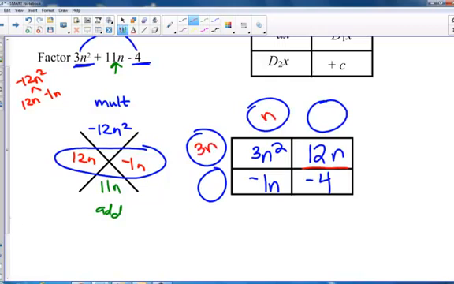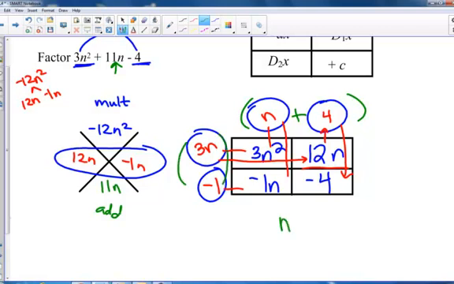And this is going to have to be my n. That gets me my 3n squared. If this is 3n, this is going to have to be 4, because 3n times 4 is 12n. If this is 4, this is a negative 4, so negative 1 is going to have to be on the outside over here, and negative 1 times n gives me my negative 1n. Well, this is my factored form. Right here, n plus 4, and right here, 3n minus 1.